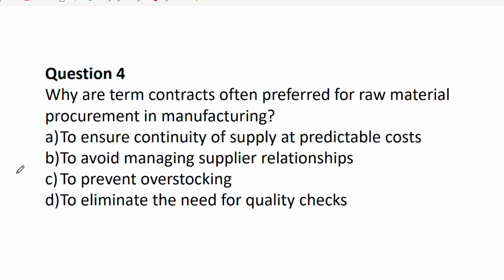To eliminate the need for quality checks? And the answer is to ensure continuity of supply at a predictable cost. This is part of those things you'll study later when you're talking about managing supply chain risks, okay? So that question tests your knowledge of what a term contract is.